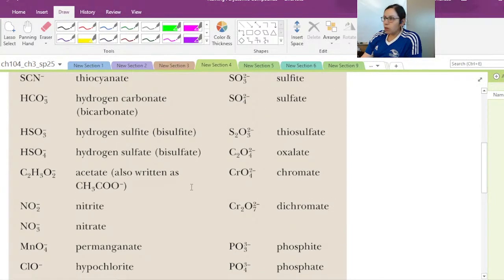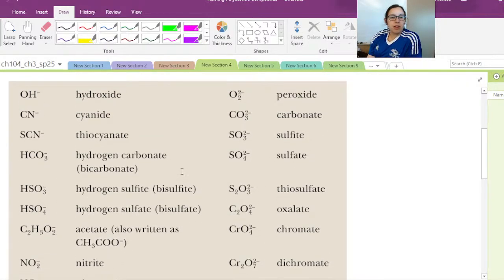You're going to be encouraged to use this sheet in other classes, like a year-long course of this. You might be expected to memorize it, but we don't necessarily have time for that. I'm just going to point out some typical ones that we'll see, so you want to at least familiarize yourself. You will eventually have them memorized just by use.